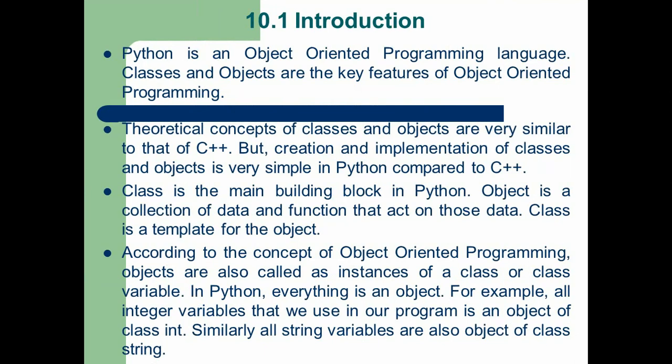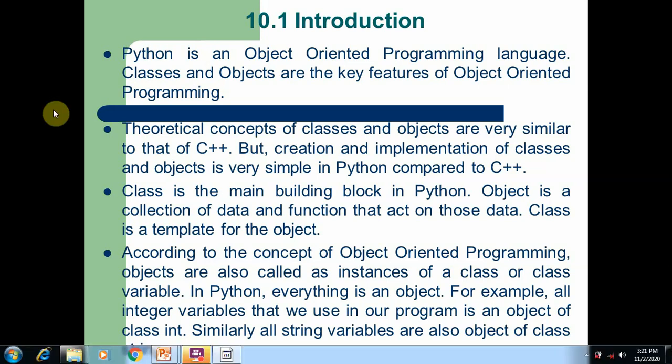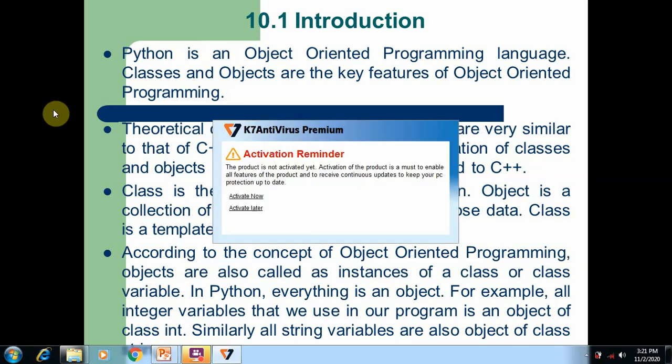The topic of the lesson is classes and objects in Python. Python also comes under object-oriented programming languages. Of course, last year we learned the C++ language, which also comes under object-oriented programming languages. Last year we understood in detail the concept of object-oriented language, so here I try to recall all the topics in brief.